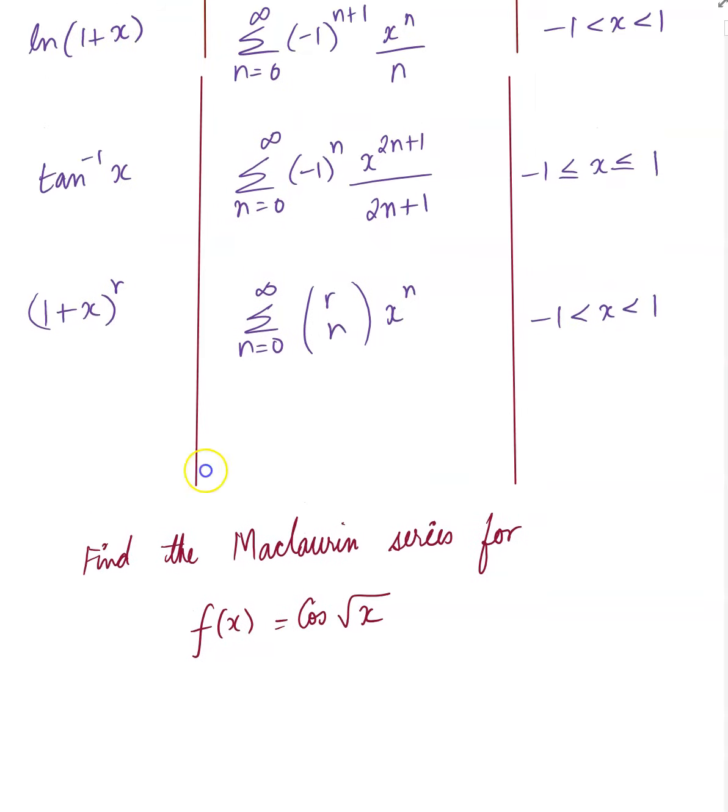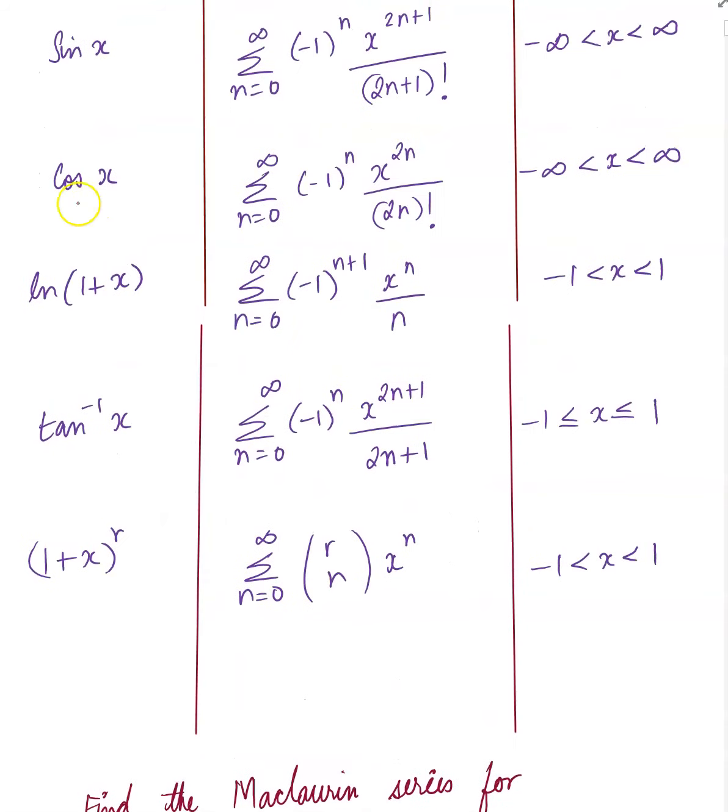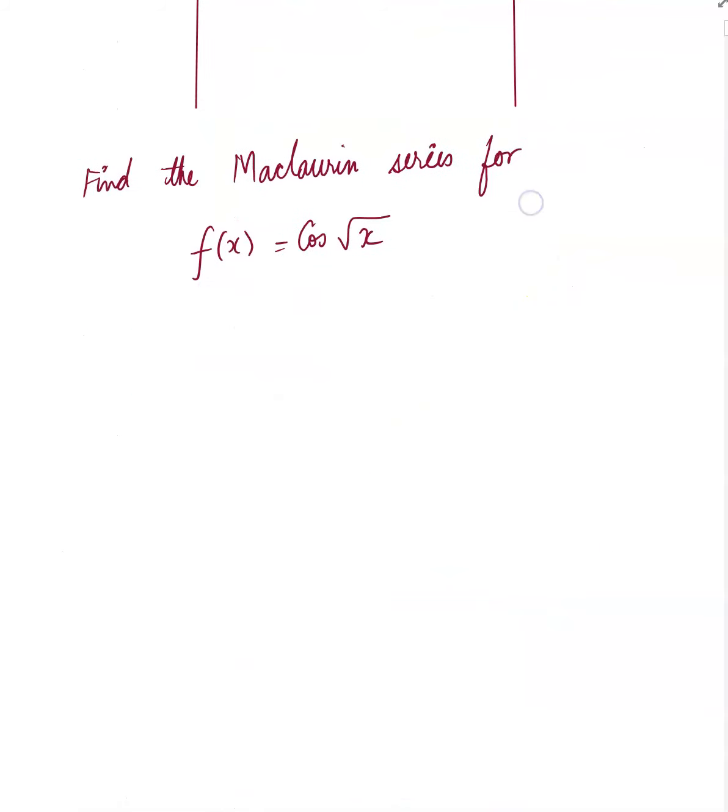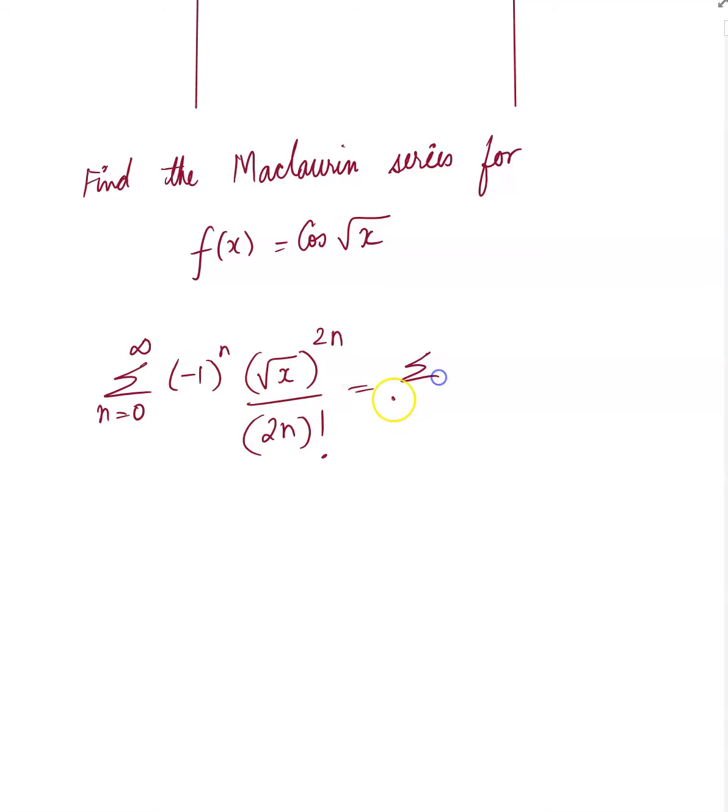So we come back here and we quickly see the connection. It's cosine x is this. Wherever x occurs, you now have a square root of x. So let's go ahead and remember that. Summation n 0 to infinity, you have negative 1 power n, you have x power 2n, but instead of x, you now have square root of x power 2n over 2n factorial. Let's expand this.